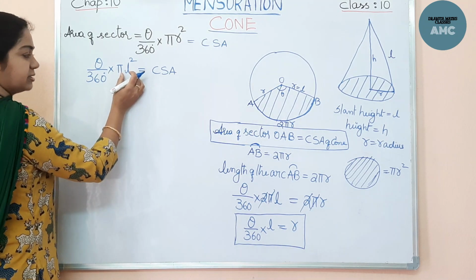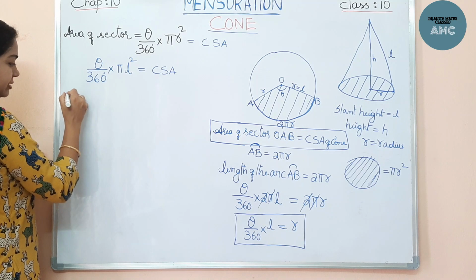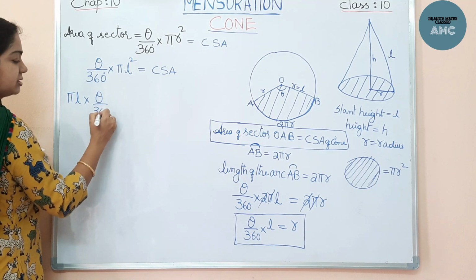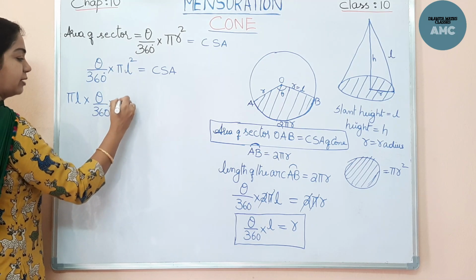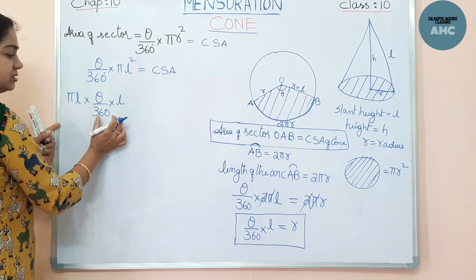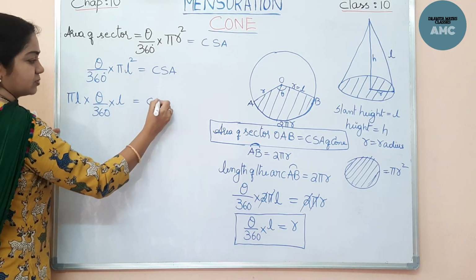Now in this there are 2 L's. I will replace it like this: pi L into theta by 360 into one more L. I have split the L into 2 parts: pi L into theta by 360 into L, so this is one CSA.